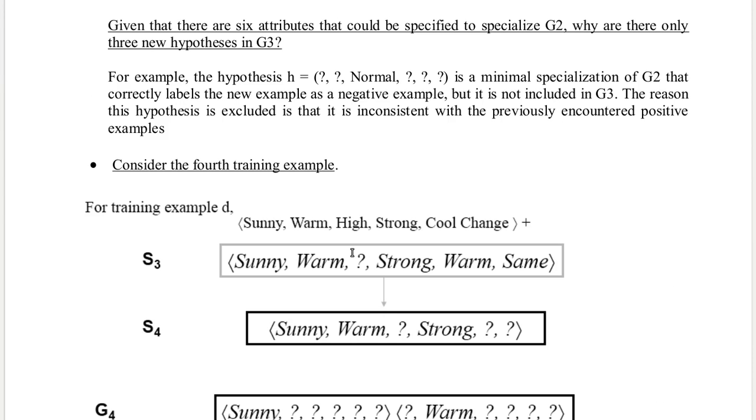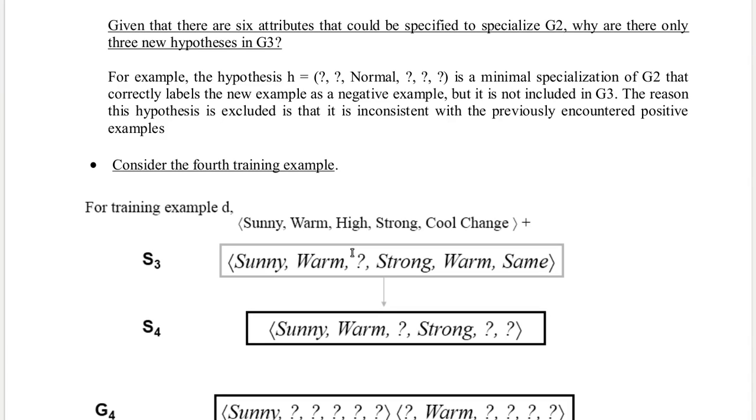A question that might arise here is: since there are 6 attributes specified in G2, why are only 3 new hypotheses proposed in G3? For example, I can also say that H equals question mark, normal, with all question marks. Why can't I say the third attribute should be normal in order to be a positive training example?